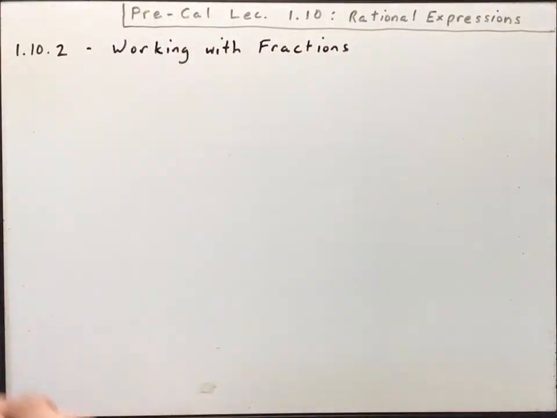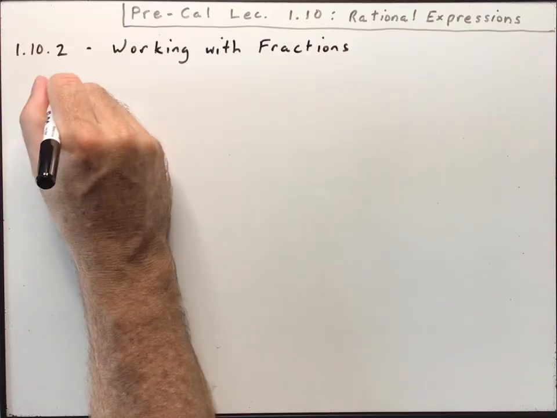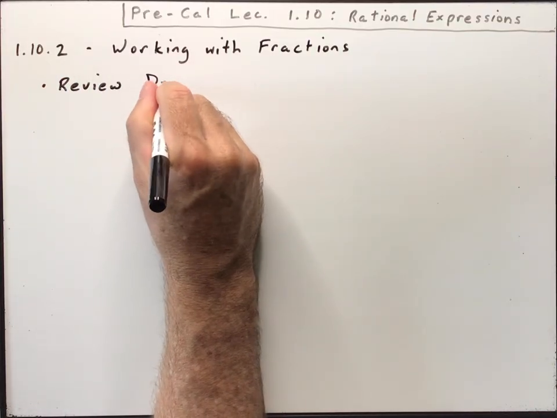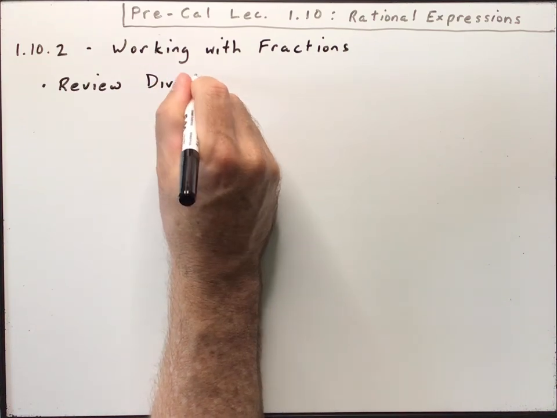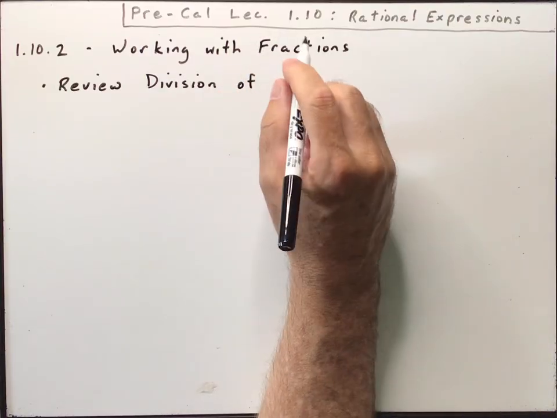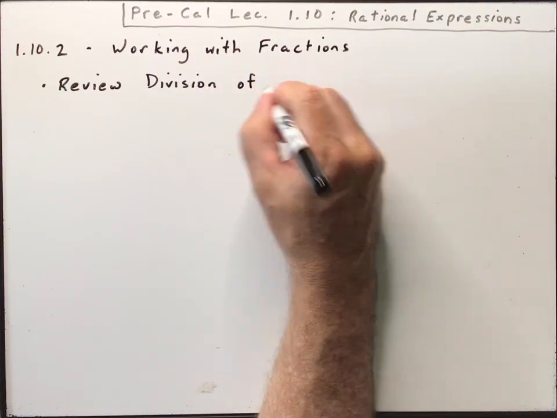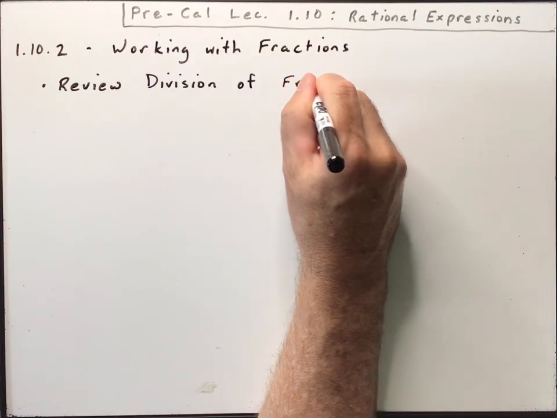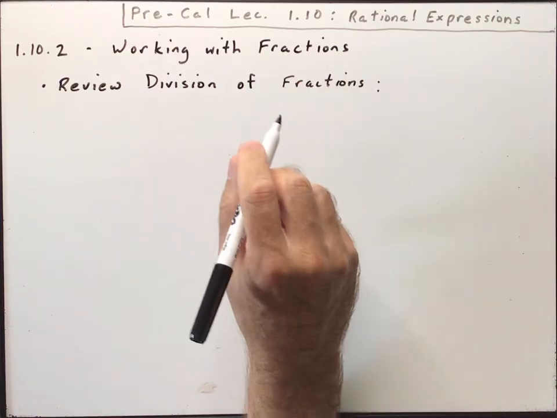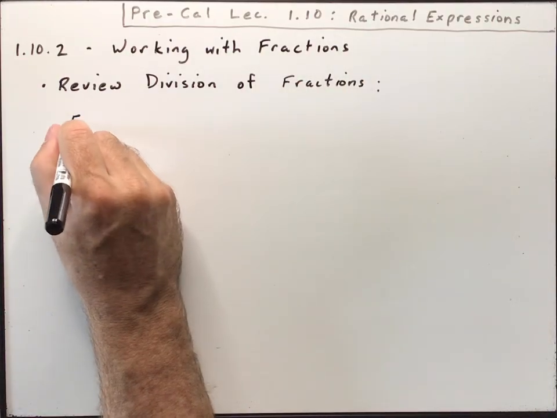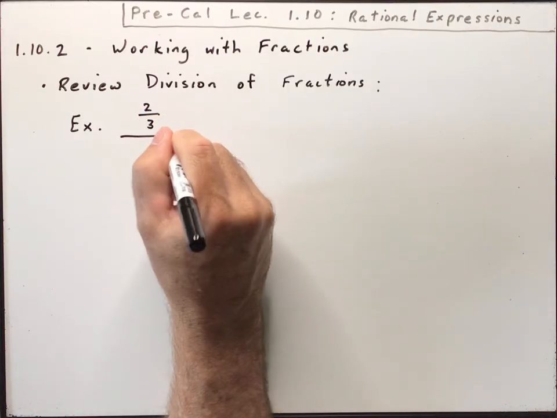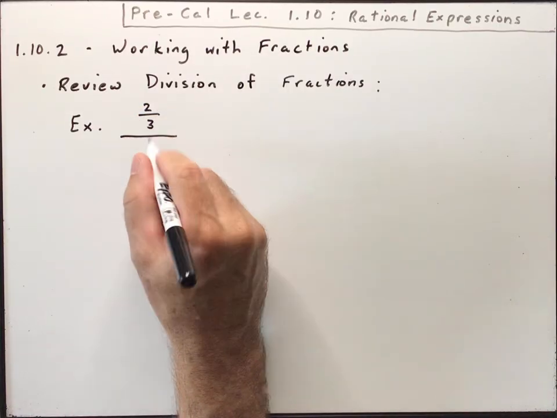And finally, let's review division. So division is really just multiplication. It's the multiplication of the reciprocal of the fraction. All right, so our example here is 2/3 divided by 5/7.